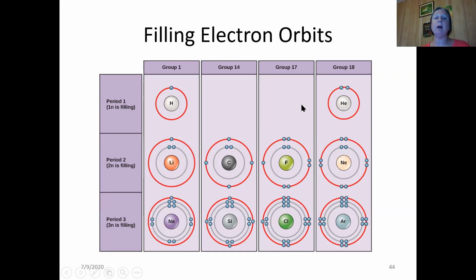So that's why fluorine ions are -1 charge. Lithium ions are +1 charge because it's easier for them to get rid of that. Carbon depends on the circumstances.